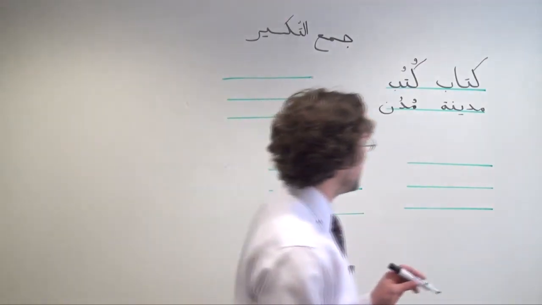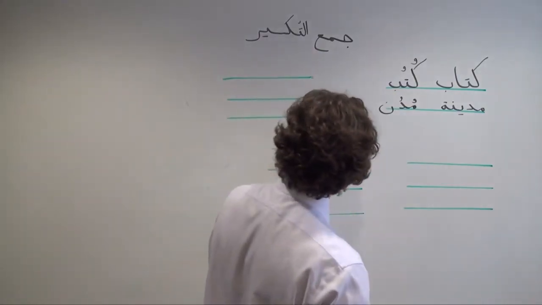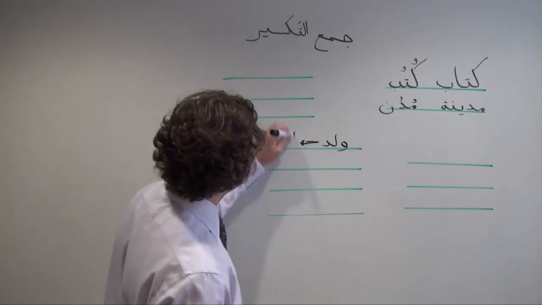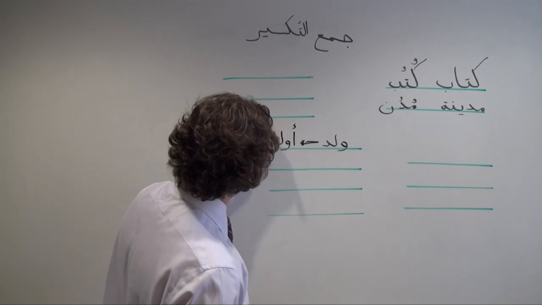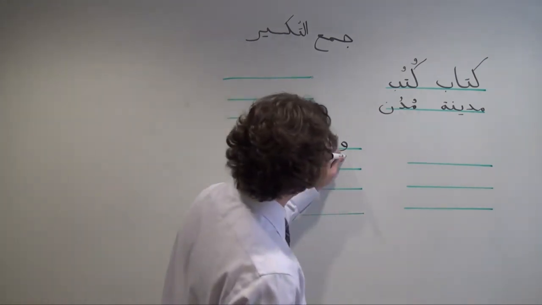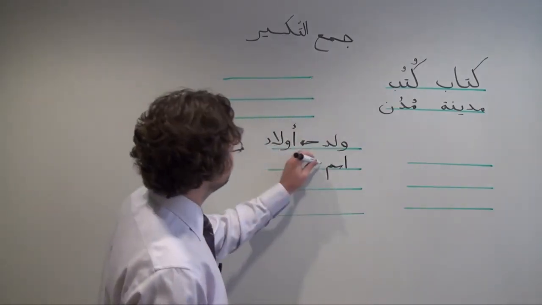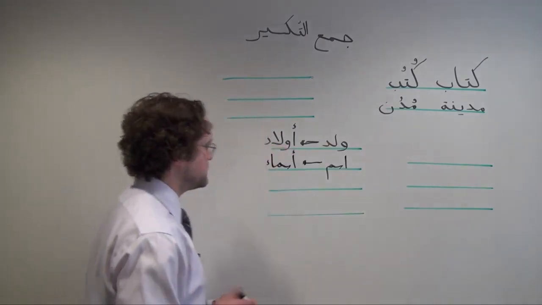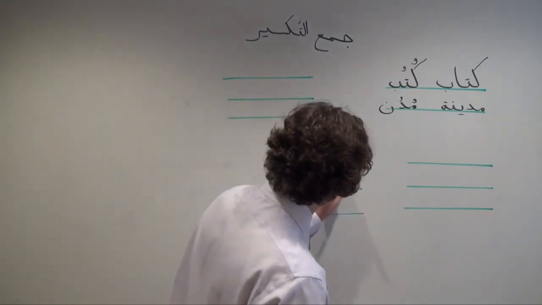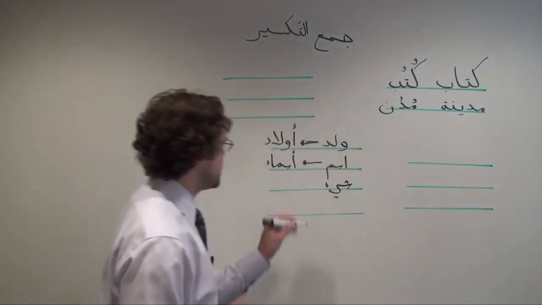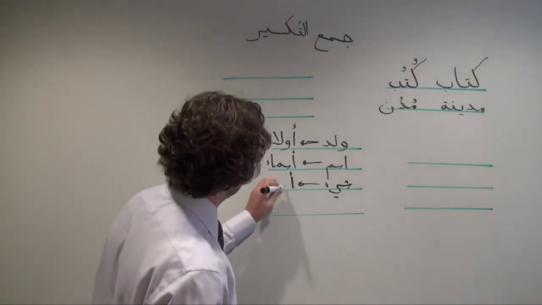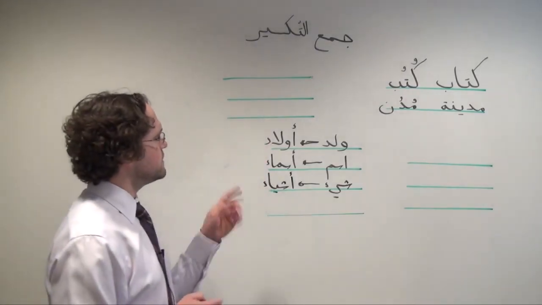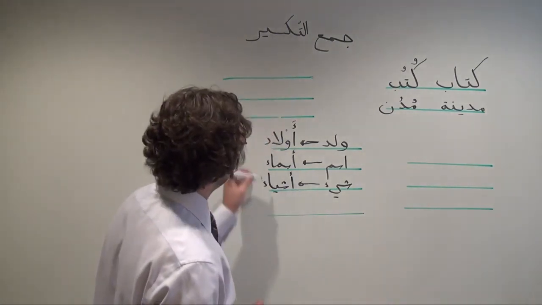The internal vowels of the plural patterns are exactly the same. Some other examples in a different pattern. Walad turns into أولاد. اسم, أسماء. شيء, a thing, turns into أشياء. أولاد, أسماء, أشياء.